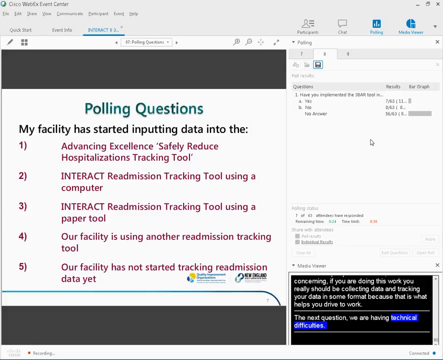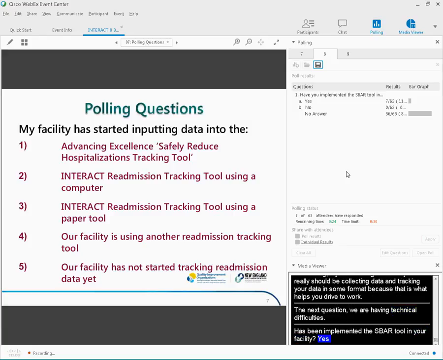Hands up. So have you implemented the SBAR tool in your facility, yes or no? So if you could answer that question, that'd be great.